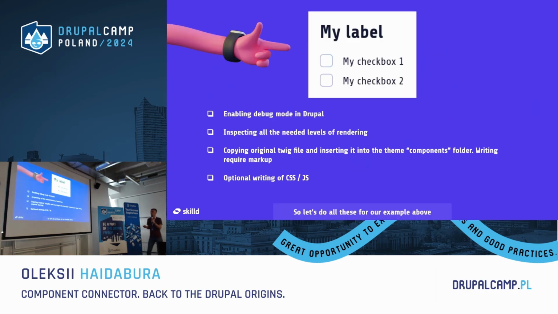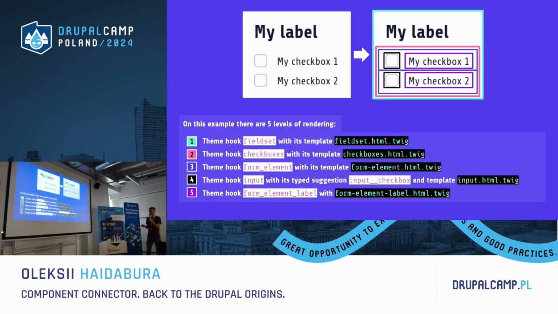So let me explain another point. Here is basically a basic element. Everyone uses it, and every customer wants to change the view of these checkboxes, radio buttons, etc. Right? To be pretty and beautiful.